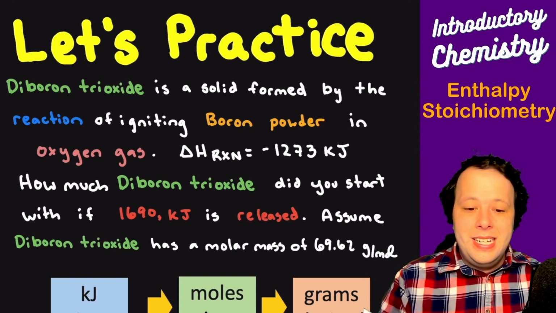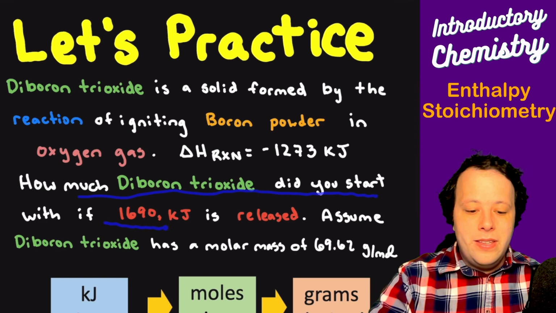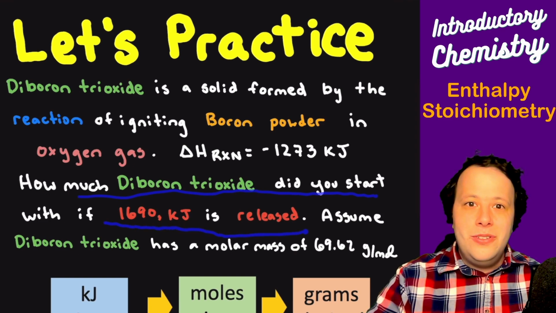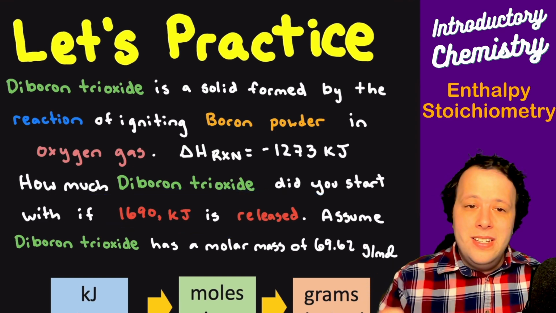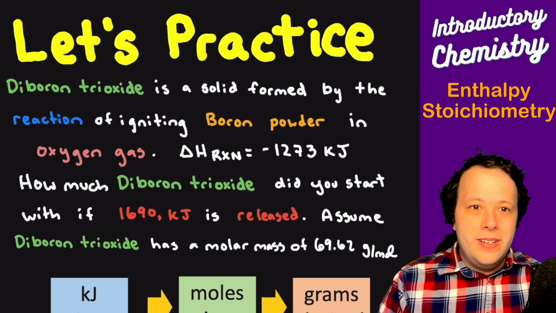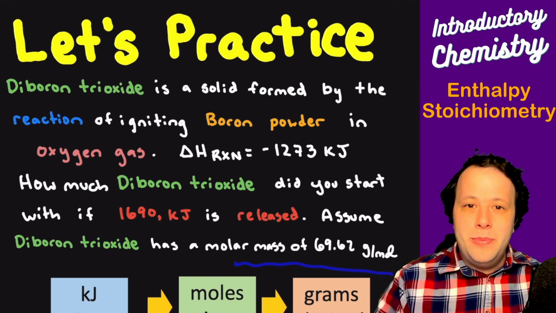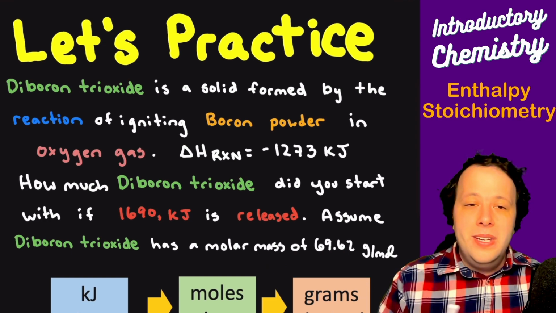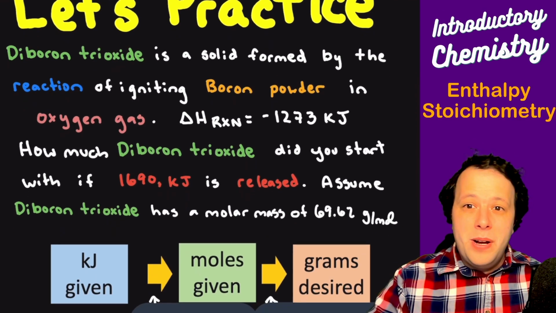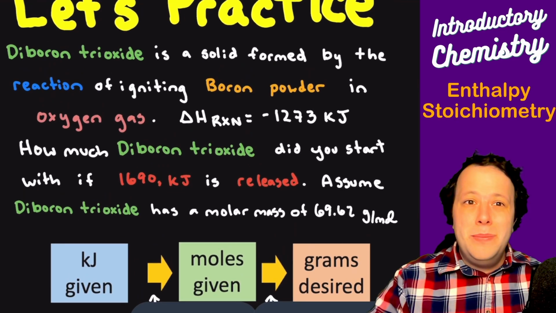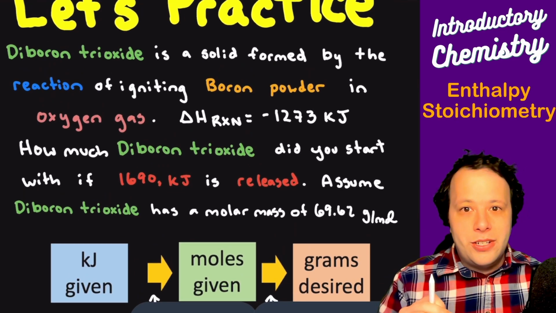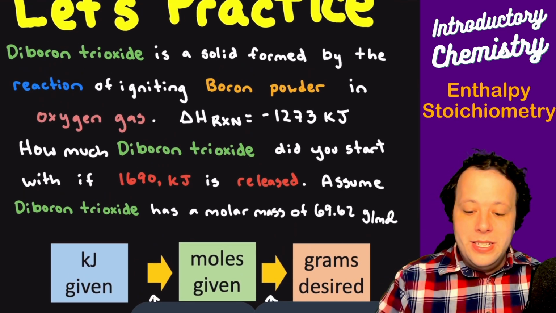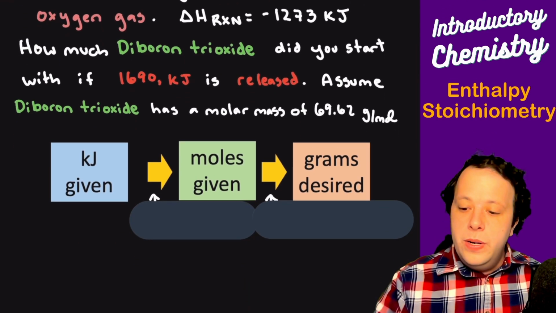It's asking how much diboron trioxide did you start with if 1690 kilojoules is released? Assume a diboron trioxide molar mass of 69.62 grams per mole. These types of problems are very, very difficult because we weren't given the actual chemical equation, so we have to read this very carefully.